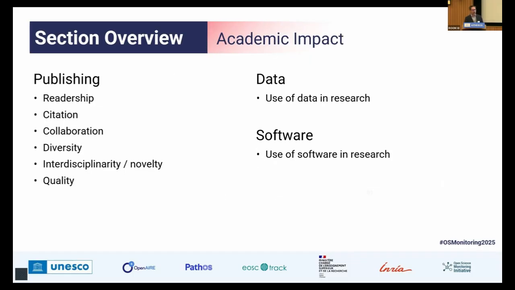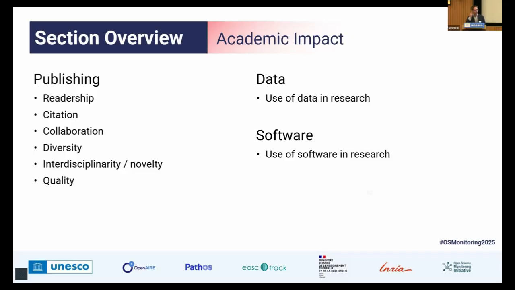For academic impact, we have a couple of things revolving around publishing and around publications, and one aspect on data and another on software, which again includes traditional things like citations, but also somewhat different approaches focusing more on readership, but also collaboration, aspects of diversity, interdisciplinarity or novelty, which are actually quite tricky to measure, as are issues of quality, which already came up in the sessions in the morning.